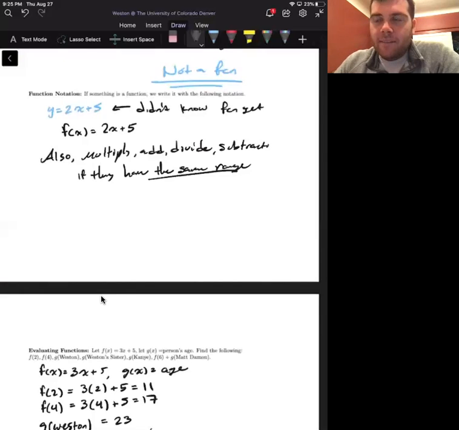So maybe you had a function that took in social security numbers and output people associated with them. And you had another function that was just like f of x equals 2x plus 5. So then that SSN function for social security number, SSN of whatever my social security number is, plus g of 5 really wouldn't make any sense at all. So they need to have the same range.